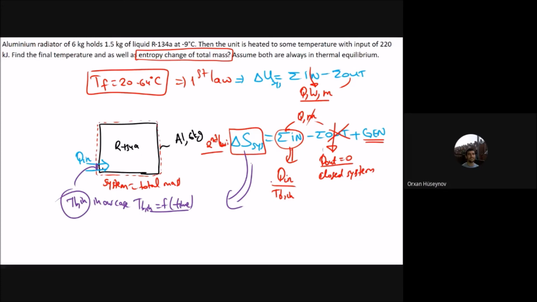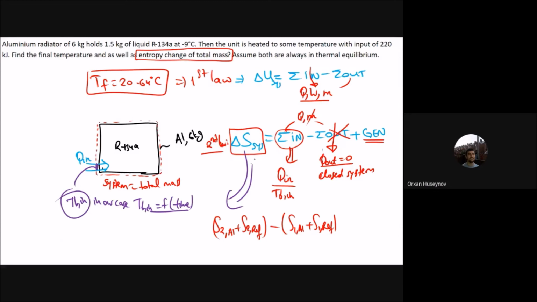What I'm trying to say is that you can solve the right-hand side, find the left-hand side, or you can solve the left-hand side, find the right-hand side. They are equal. So I'm solving the left-hand side. If I do that, then I will have S2 of the aluminium plus S2 of refrigerant minus S1 of aluminium plus S1 of refrigerant.